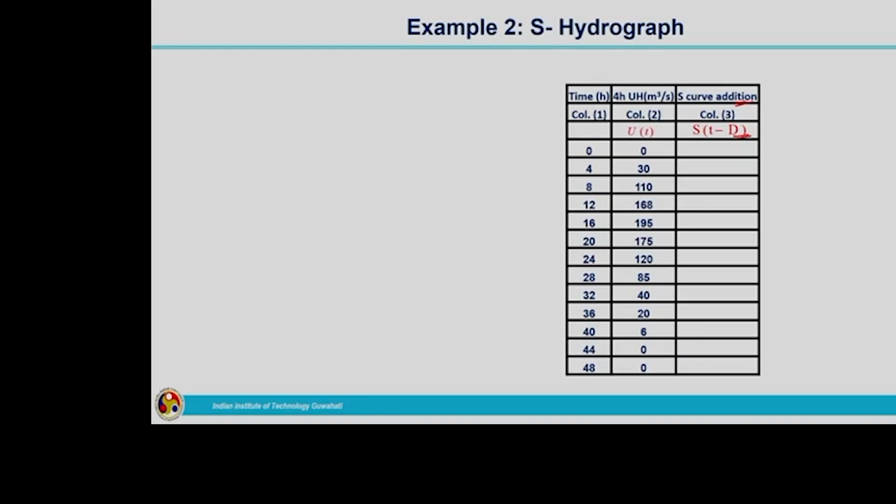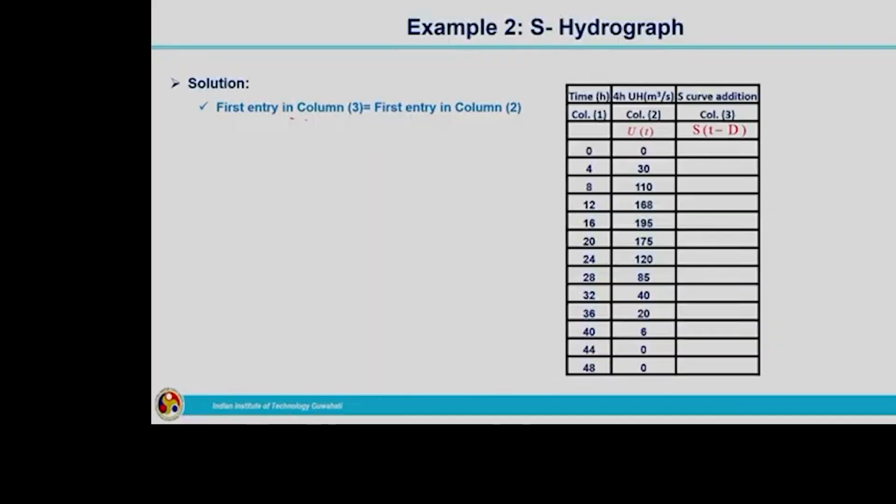You might have observed while discussing S hydrograph and unit hydrograph that the ordinate at time t equal to 0 is 0, in both the cases, the unit hydrograph and the S hydrograph. The first entry in column 3 is 0.